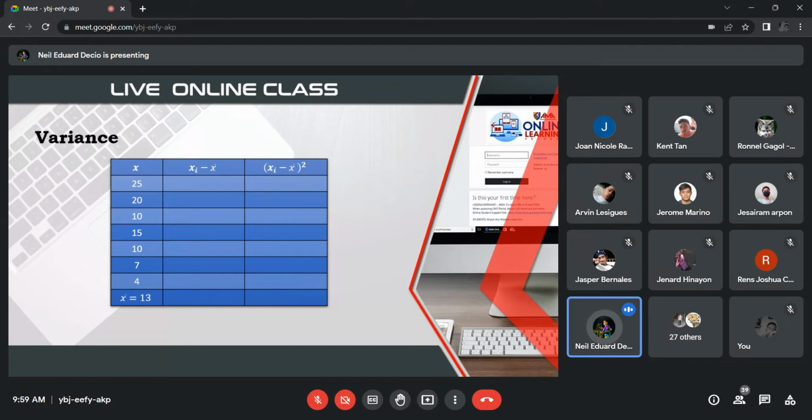So that would be 25 minus 13, that's 12, 20 minus 13 is 7, and so on. So that's the value in the second row. And then I take the squares of all the values in the second row. So 12 squared is 144, 7 squared is 49, and so on. Okay? So this is just the exact translation of our formula earlier, or what I showed earlier, this one right here.